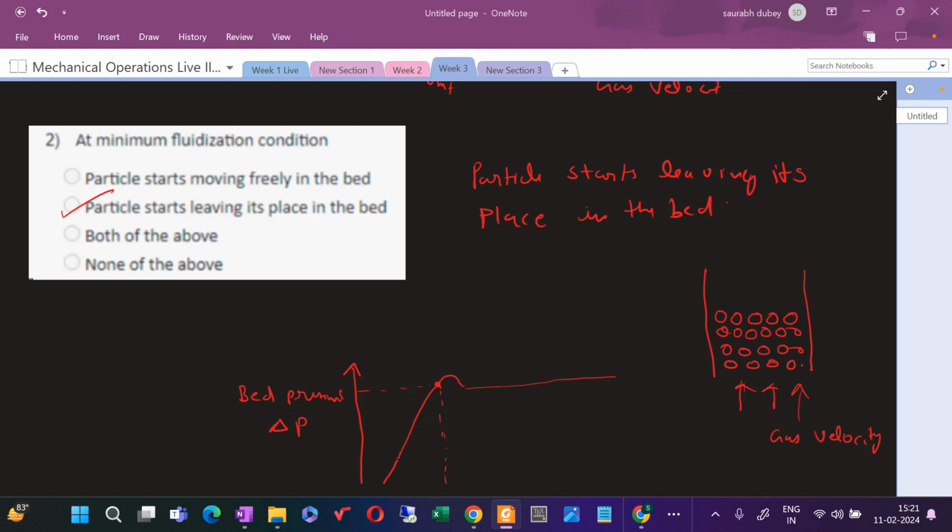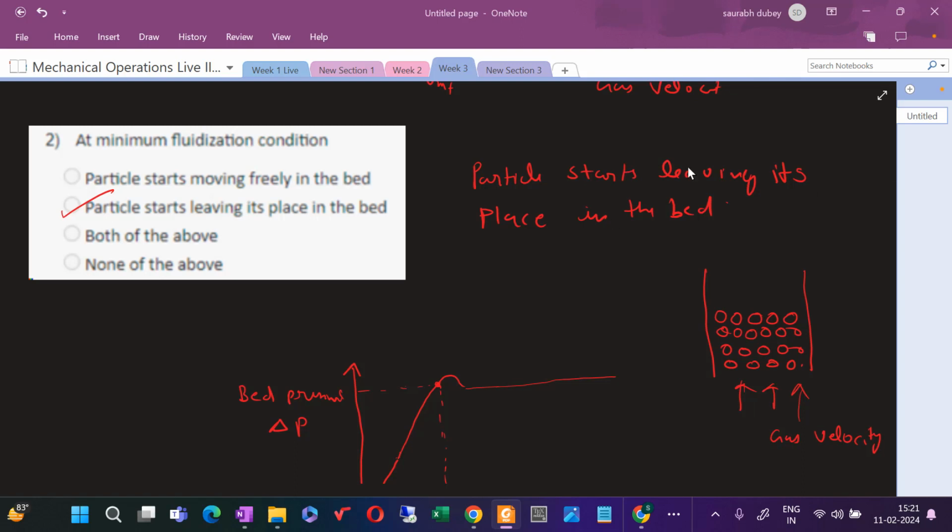That epsilon term is taking care of the voidage, and that voidage came up because some motion has been imparted within that packed bed because of this gas velocity.